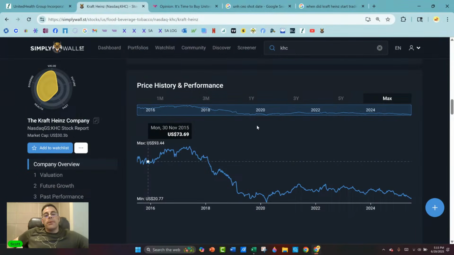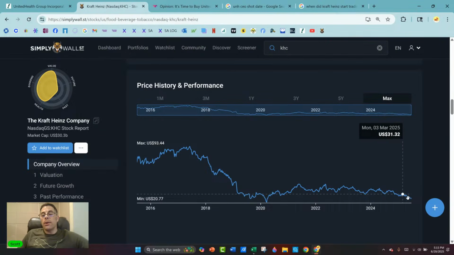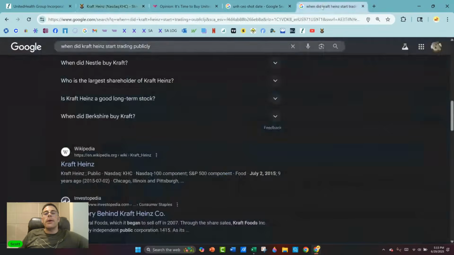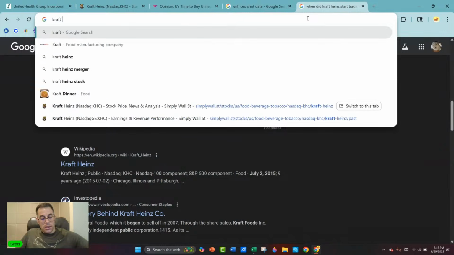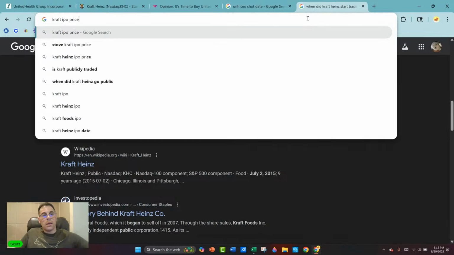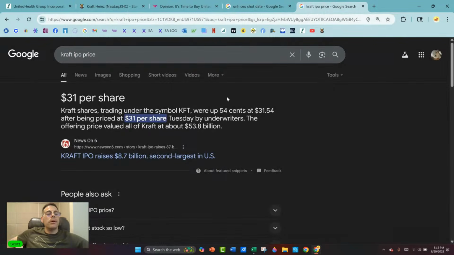When is it going to rebound? It's trading at an all-time low. This doesn't seem right. How could it just start trading? Maybe it was like a spinoff or something.